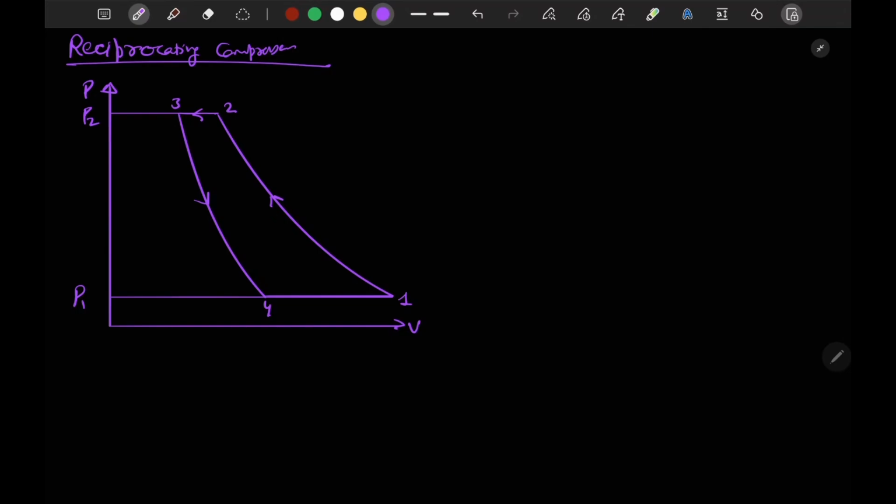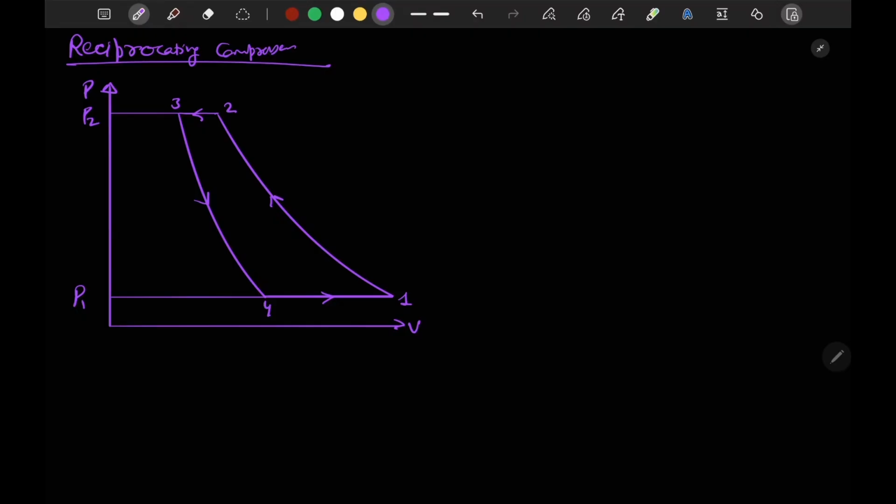So 4 to 1 is suction; compression, then holding, then release, and expansion.